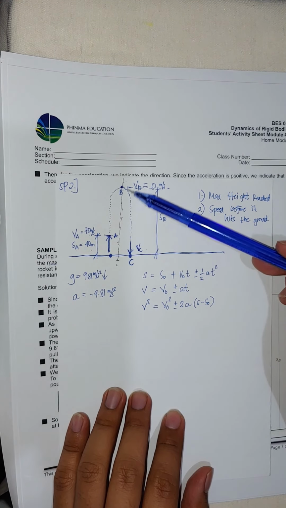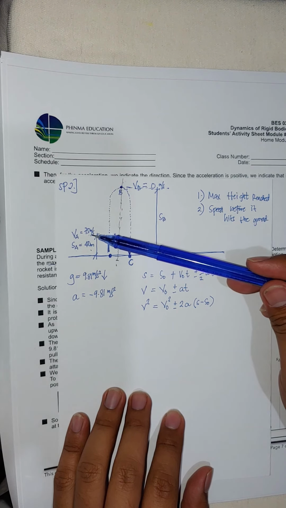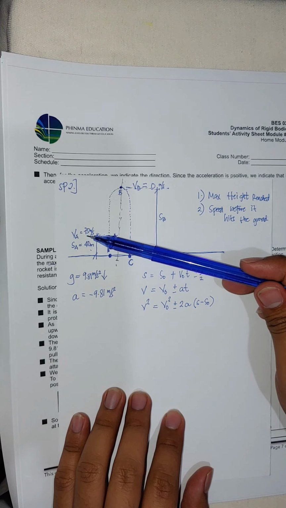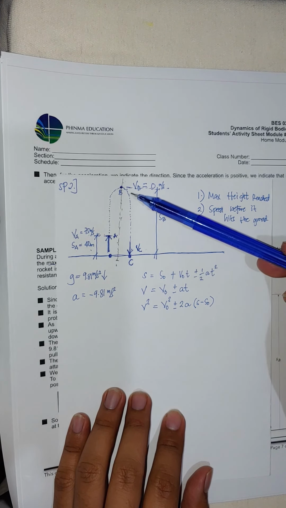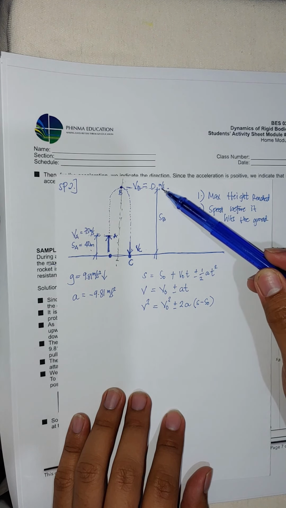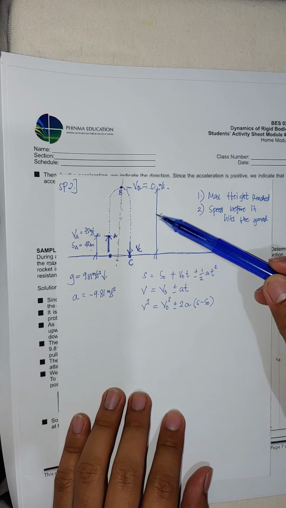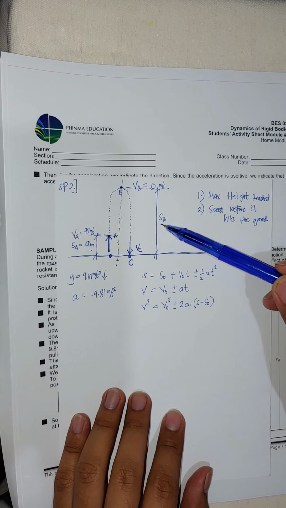So, from point A to point B, what is given is the initial velocity, VA, 75 meters per second. Initial height at A, that is 40 meters. And then at B, we are given the final velocity equal to 0 meters per second. But we don't know SB, or the maximum height reached.